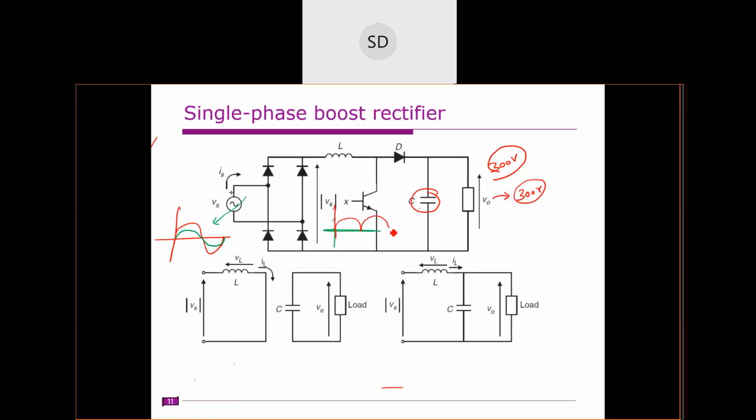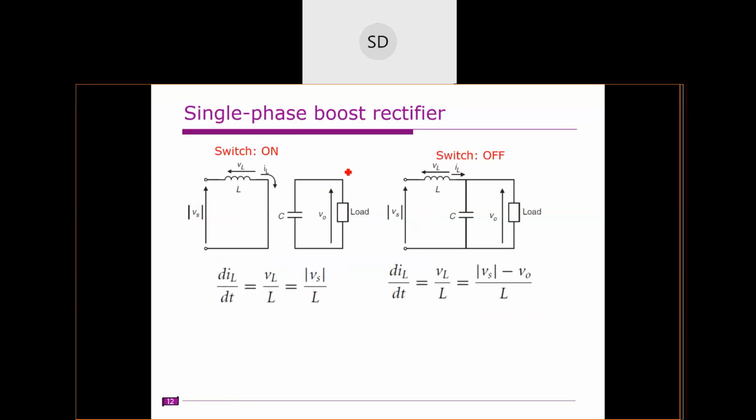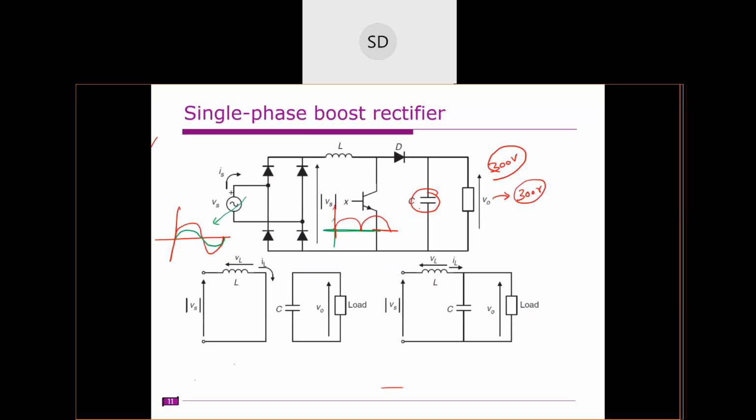Okay, if this is the voltage, what must be the inductor current shape? If you want a unity power factor, or a sinusoidal source current, the inductor current must be in this shape, right?